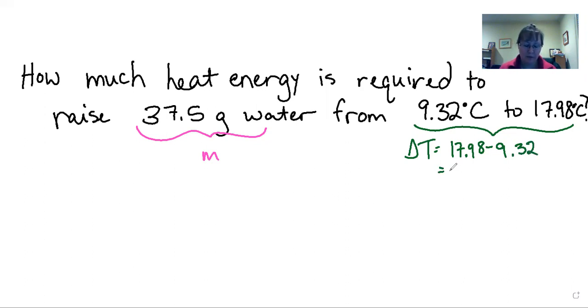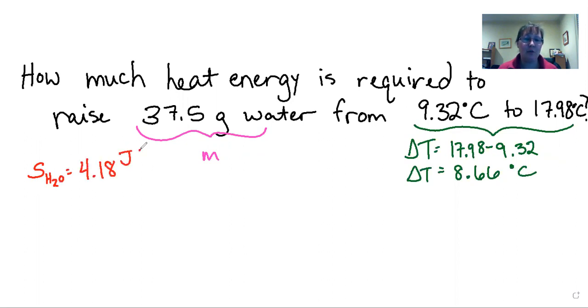So if we do 17.98 minus 9.32, we get a delta T of 8.66 degrees Celsius. If you remember from the previous slide, the specific heat of water is 4.18 joules per gram degree Celsius.